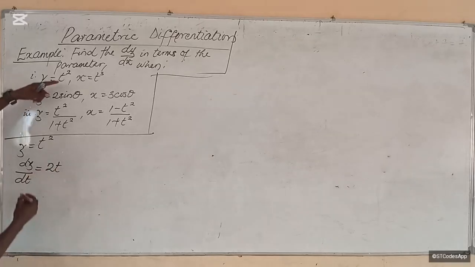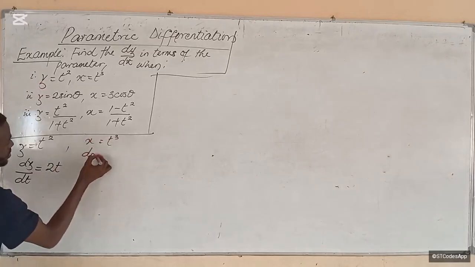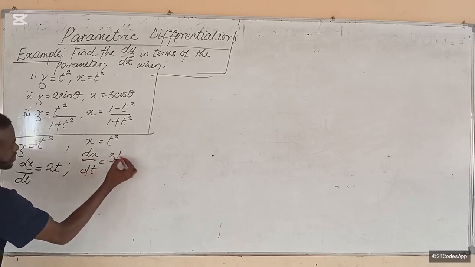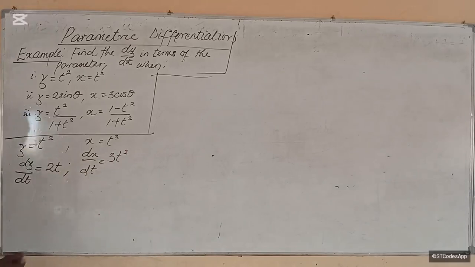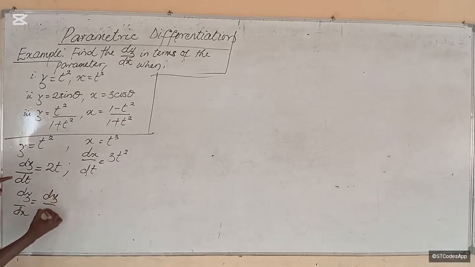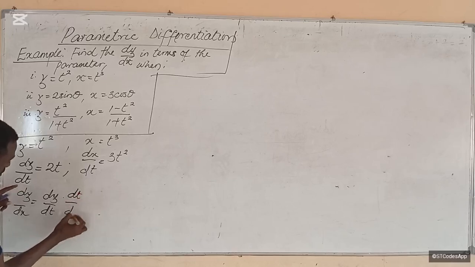Very simple. Then x is equal to t cubed. So dx/dt will be equal to 3t squared. That makes sense here. So what you want to do now is find dy/dx according to the equation I gave you just now. That will be dy/dt dot dt/dx.